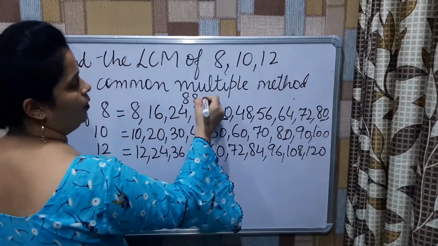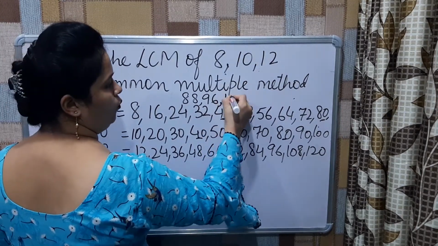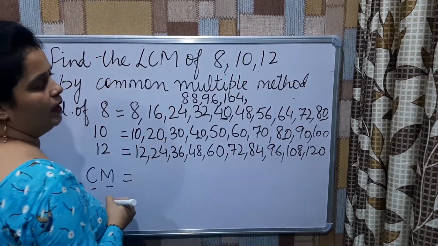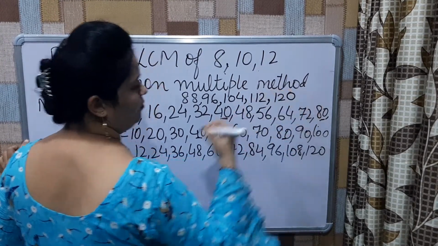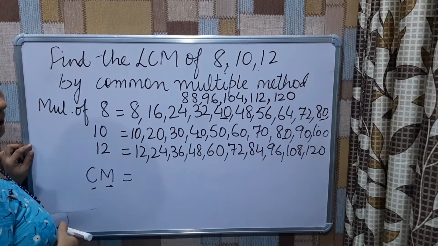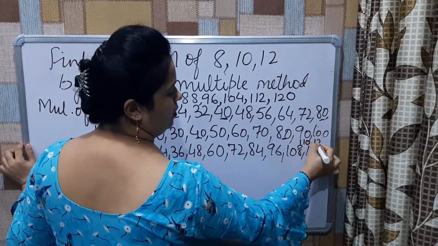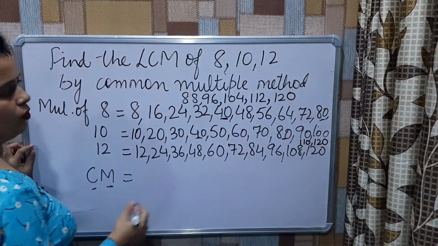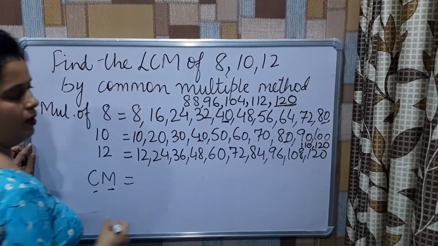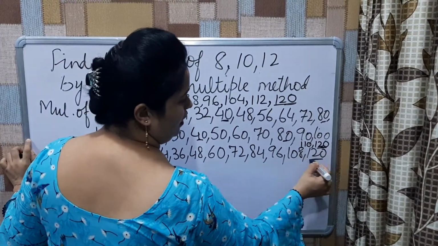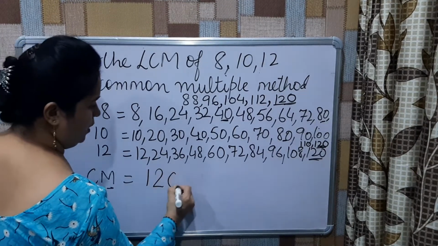Then 96, then 104, then 120. Now after that 100, 110, 120. So it means I will get only one common multiple here. In the table of 8 I have 120, here I have 120, and at the end I got only one common multiple, that is 120.